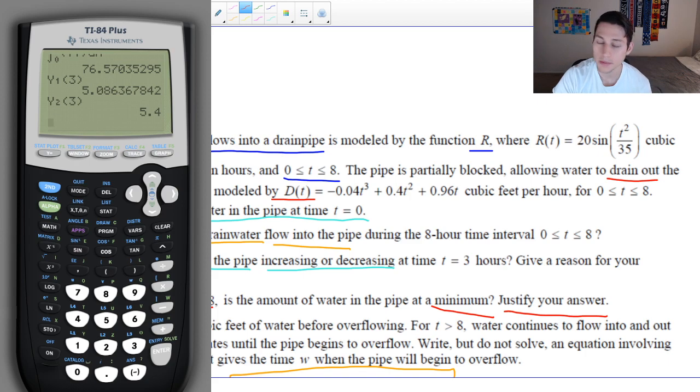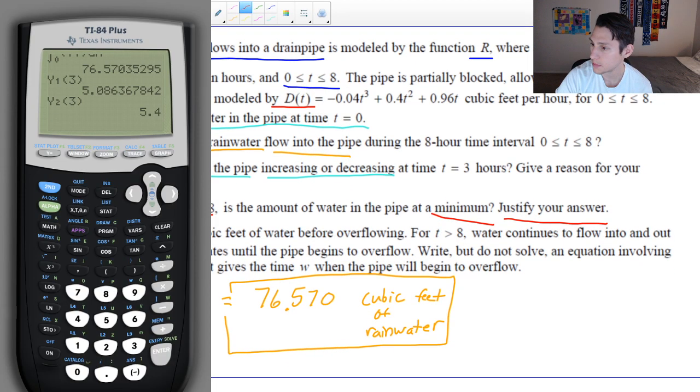So extreme value theorem tells me I find critical points and I test the boundaries, right? So I'll test 0, I'll test 8, I'll test any of the critical point values, and the minimum has to be on one of those, right?